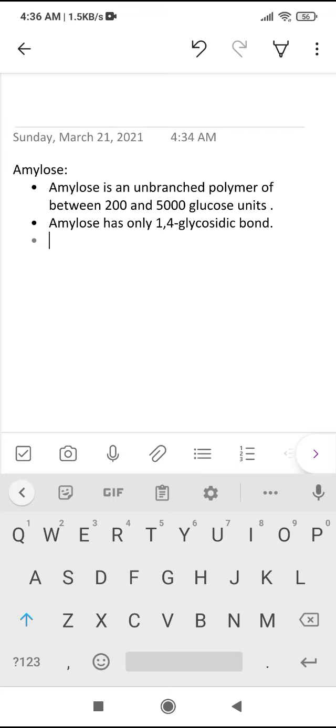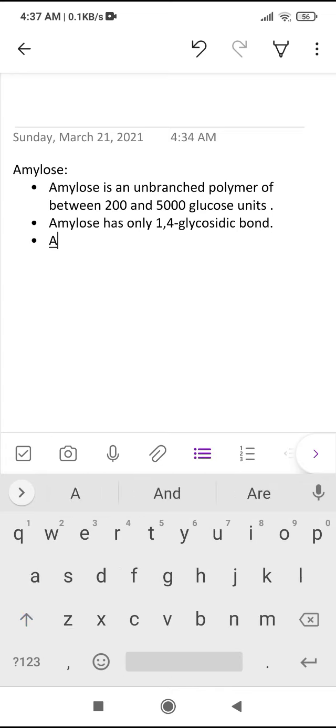Number three, information regarding amylose. So number one, we know that amylose is an unbranched polymer of between 200 and 5000 glucose units. Number two, amylose has only 1,4-glycosidic bond. Number three, amylose releases glucose very slowly.